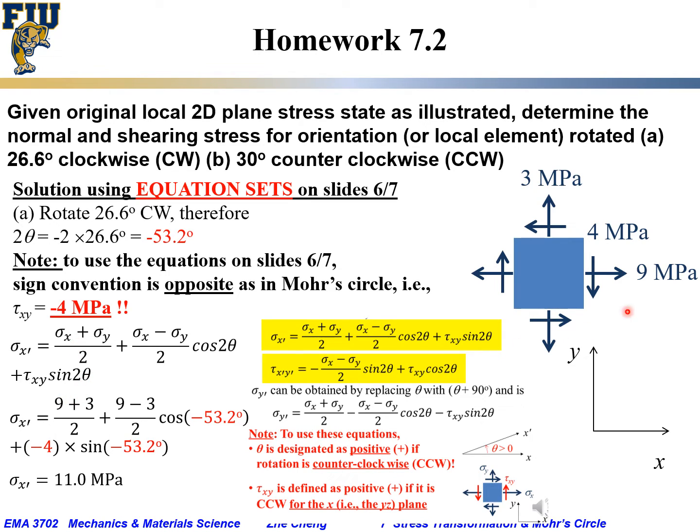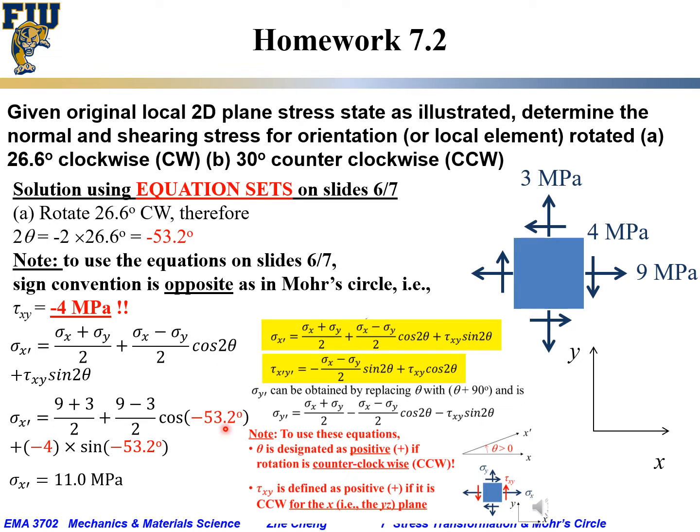Sigma x would be 9, sigma y would be 3, and the plus here, minus here, and the 2 theta we said is 53.2 degree, but don't forget the negative sign because it is clockwise, which is opposite to the sign convention for the equation set.